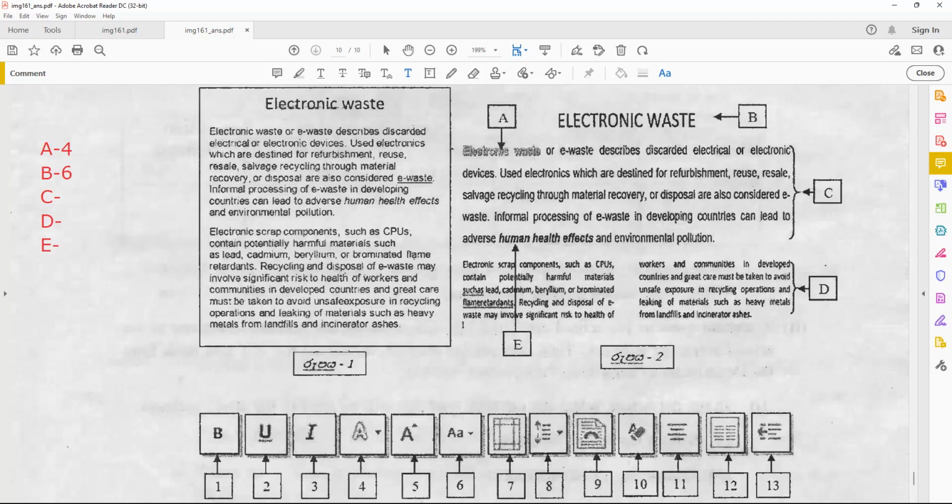Line spacing. Okay, you can say line spacing, but before that, yes, so we have the paragraph.